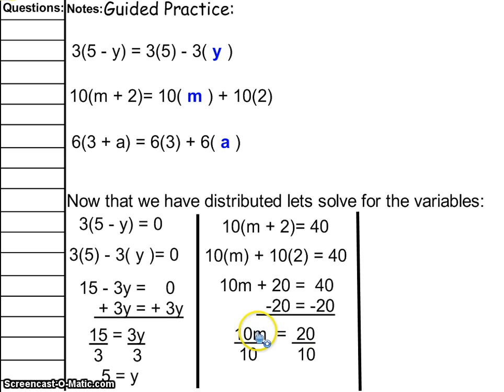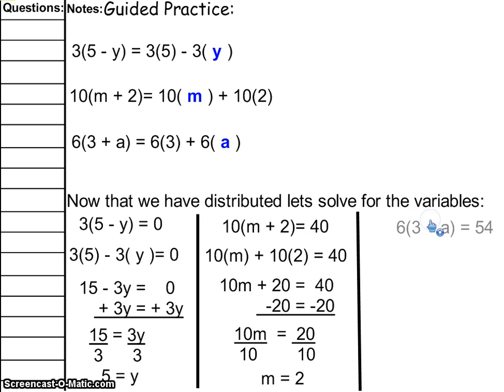Since my variable is being multiplied to 10, I'm going to do the inverse operation of multiplication, which is division, and I'm going to divide both sides by 10, and I'm left with m equals 2. If I were to substitute 2 for my variable in my equation, 2 plus 2 is 4, and 10 times 4 is 40. So it will check out.